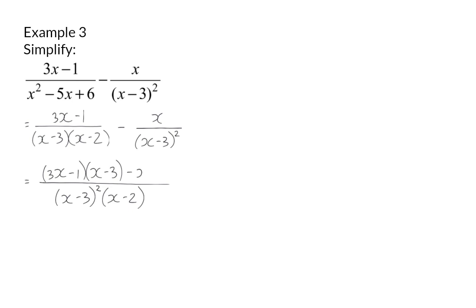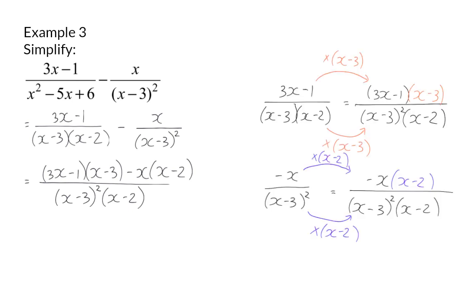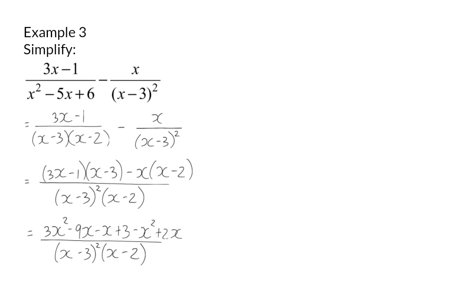And our second term's numerator of x should still be multiplied by x minus 2. If you prefer to always go and calculate these equivalent fractions in a separate calculation, you can always continue doing that. Lastly, we need to multiply out the brackets and then add up all our like terms.